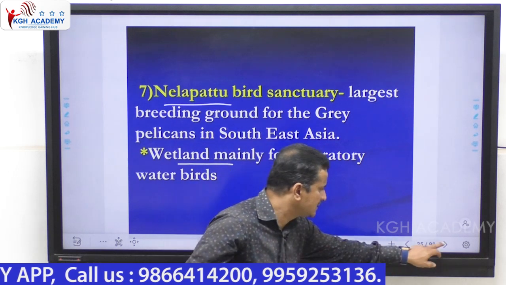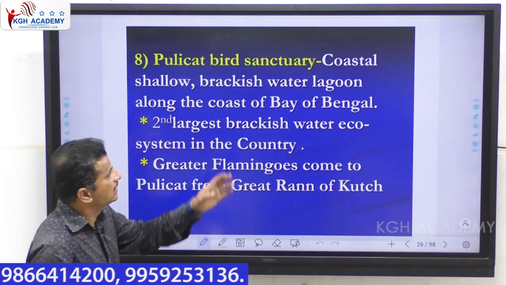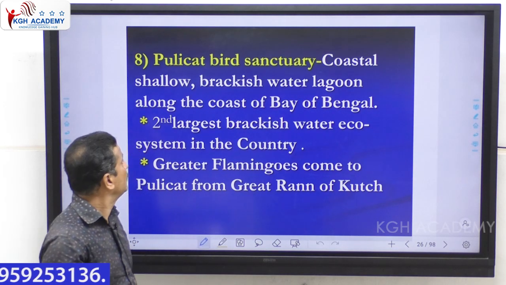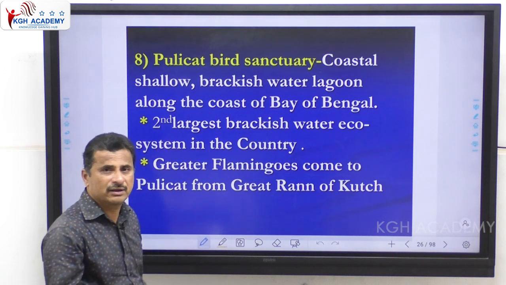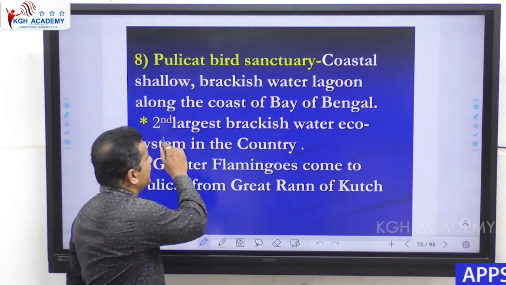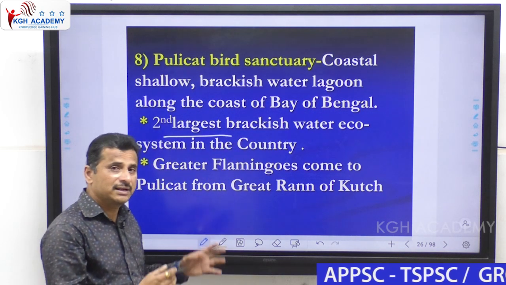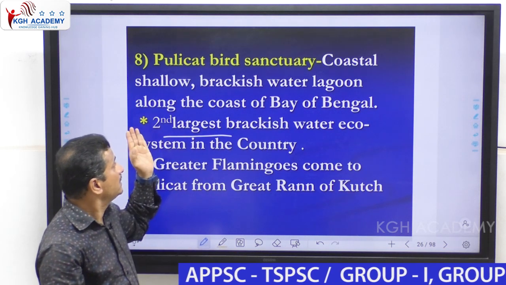Okay, and next, Pulicat Bird Sanctuary. This is a coastal shallow brackish water lagoon area, present on the coast of the Bay of Bengal. This is the second largest brackish water ecosystem in the country. So like this, there are different varieties of specialties.